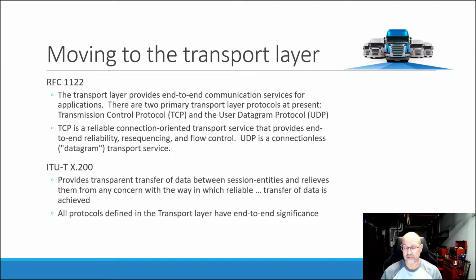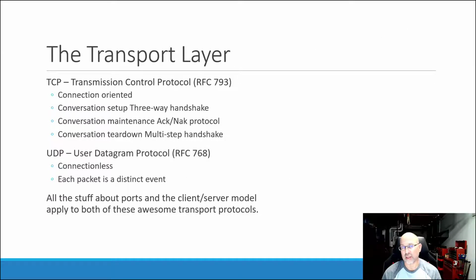Now, I am fond of saying that the OSI model is nice to use to understand how things connect together, but for the most part, we don't use the OSI model when we talk about actual protocols. Most of the actual protocols that are in use come from the IETF and all of the RFCs that we've come to know and love.